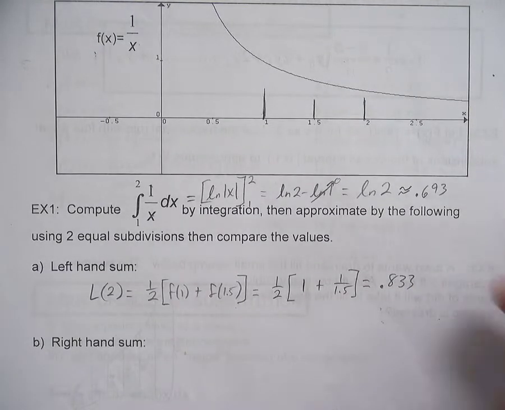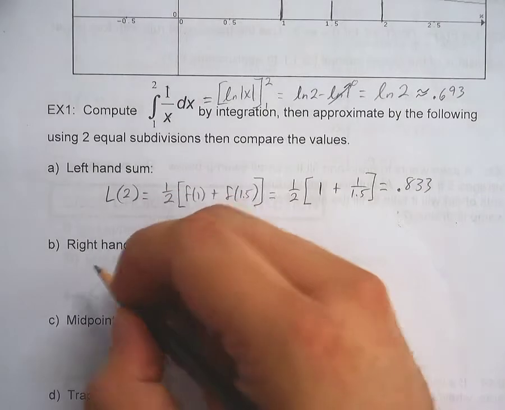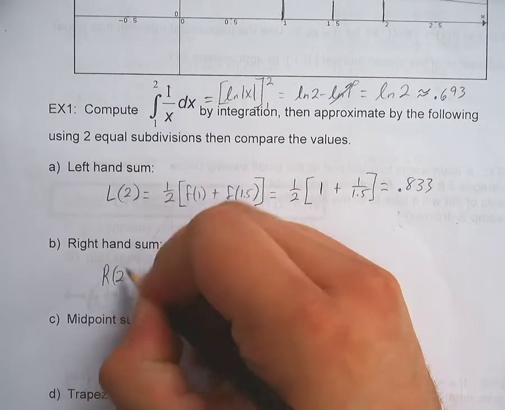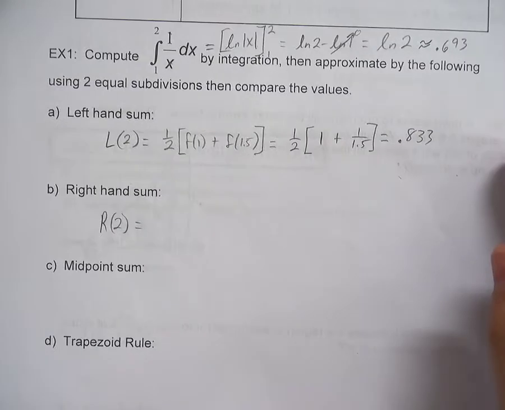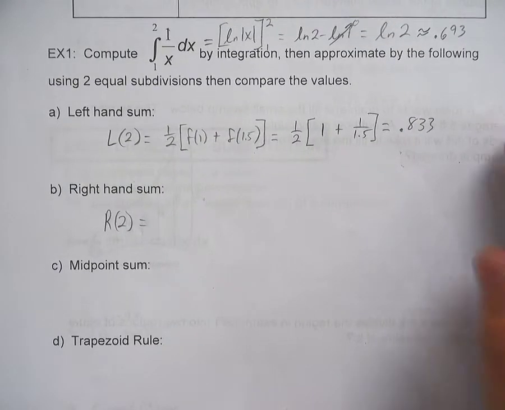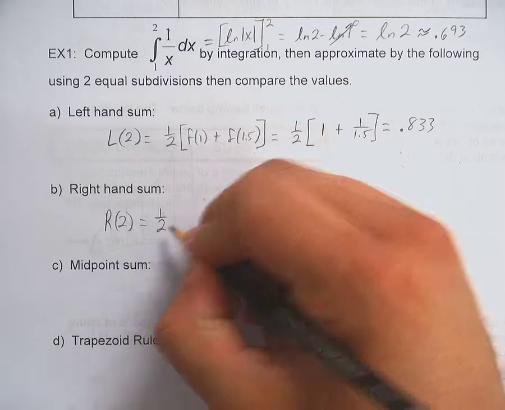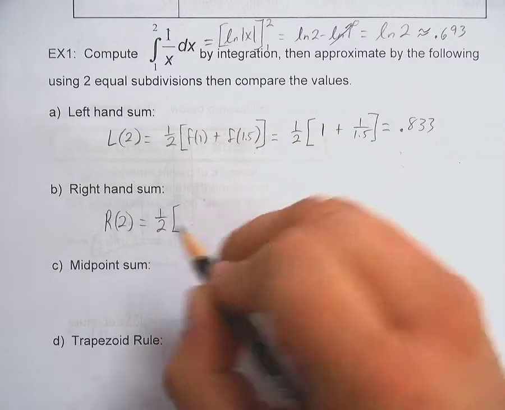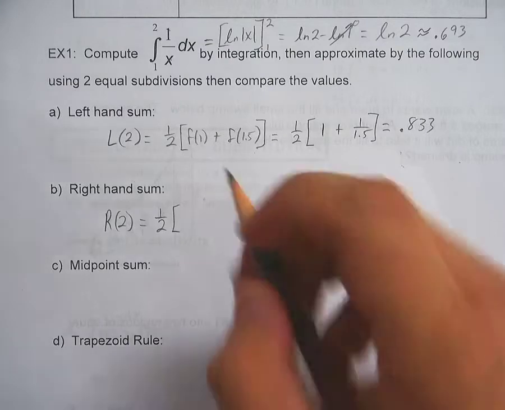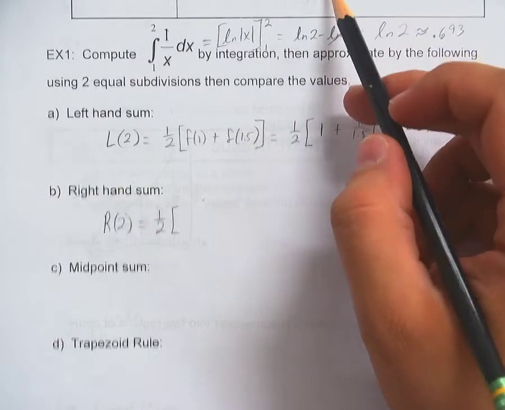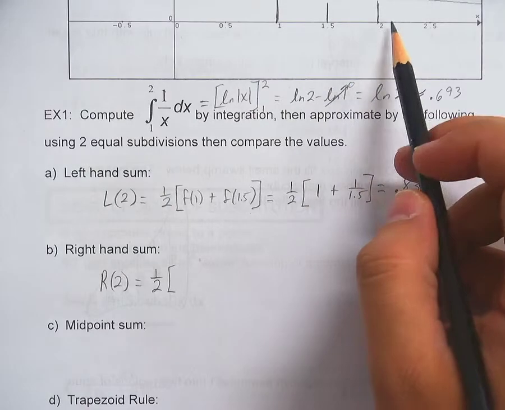Now what about a right-hand sum? A right-hand sum with two subintervals, and again, the width of each rectangle is 1/2. This is my delta x. How wide is each rectangle? Now the right-hand sum will use 1.5 and 2.